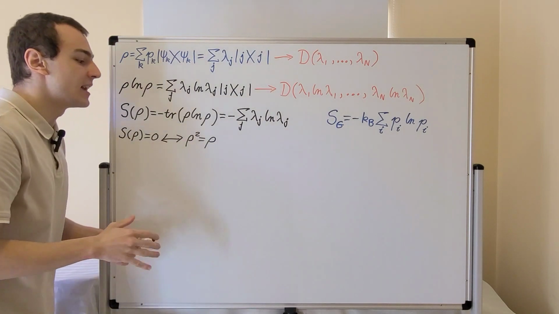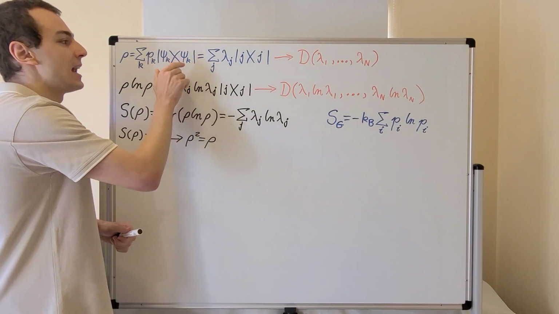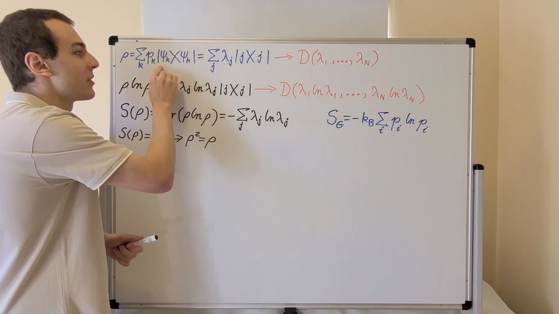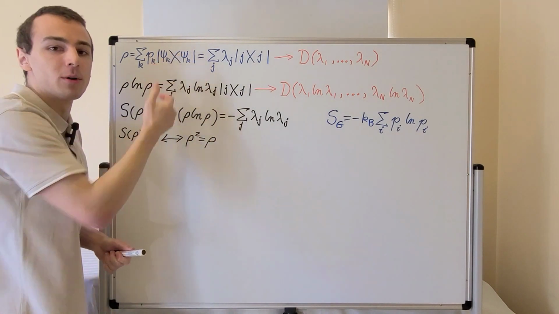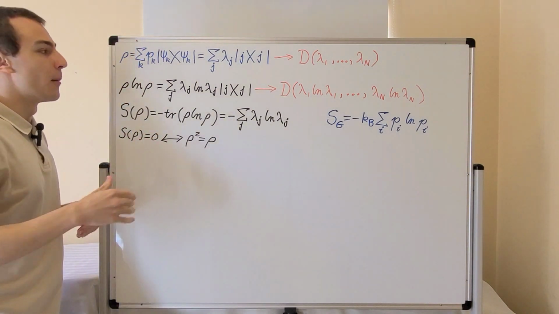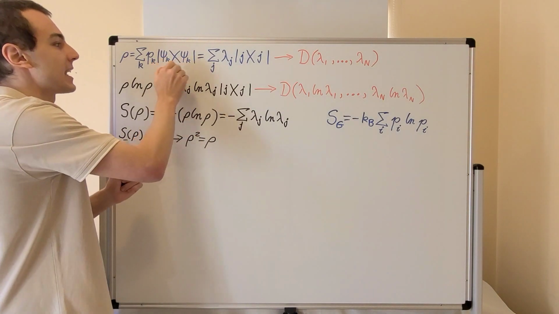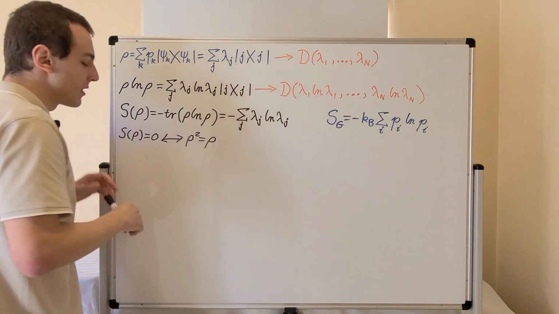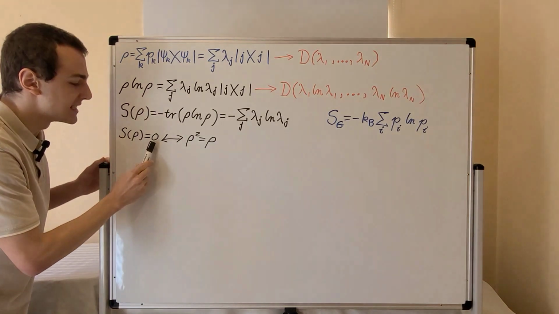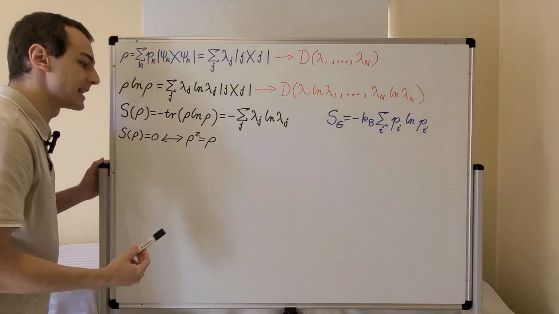Another property is that it is Hermitian, because if you have a single Ket-Bra combination and you take the Hermitian adjoint, you swap the Ket and the Bra, and that has no effect. In general, it will have an effect. But in this special case over here, it doesn't have an effect because we're just exchanging the Ket and the Bra. So this is the special case of zero entropy.